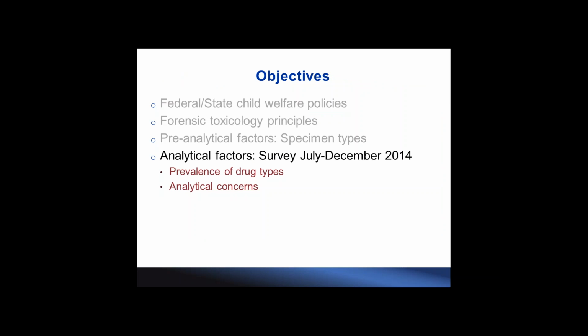So keeping the analytical factors in mind, if you're evaluating some test results, I do have some data to show you based on the survey we did in the 6-month period from July to December 2014.